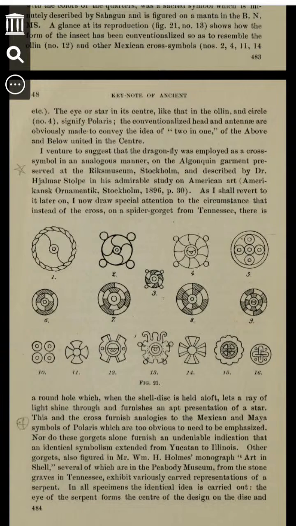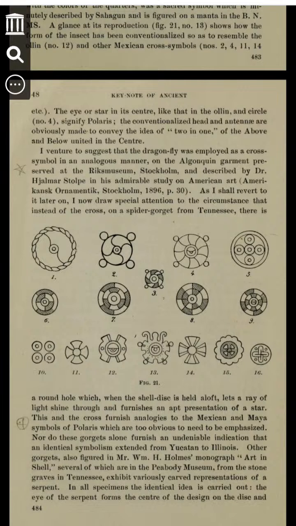All right. Other gorgets also figured in Mr. Holmes' monograph Art in Shell, several of which are in the Peabody Museum from the stone graves in Tennessee, exhibit variously carved representations of a serpent. In all specimens, the identical idea is carried out.